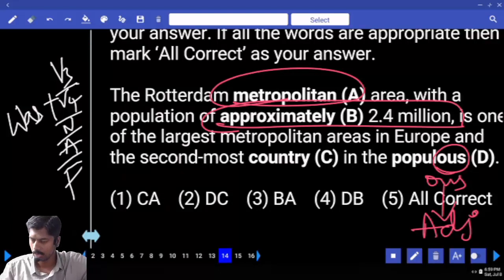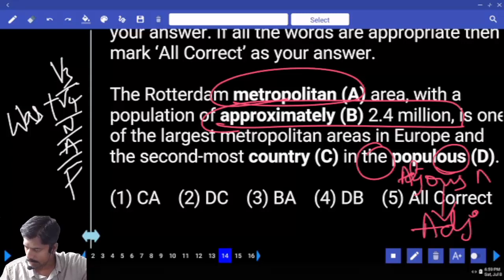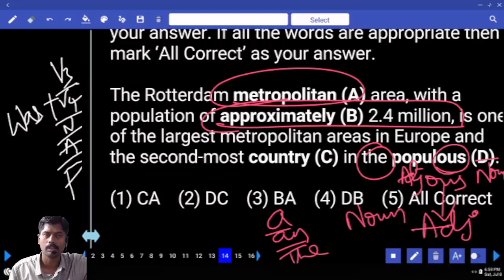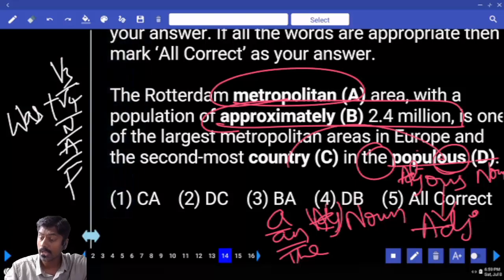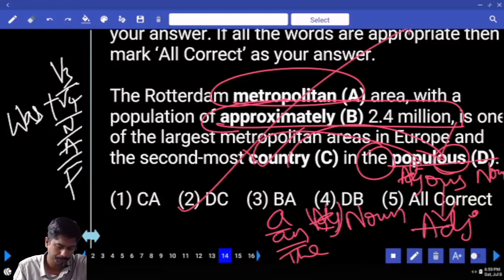After OUS, if an adjective comes, I require a compulsory noun. Without a noun, that does not exist. Not only the, a and the noun is compulsory. Sometimes adjective then noun. So "populace" is wrong, "the country" is correct. Second most populous in the country, we need to interchange C and D, second option.